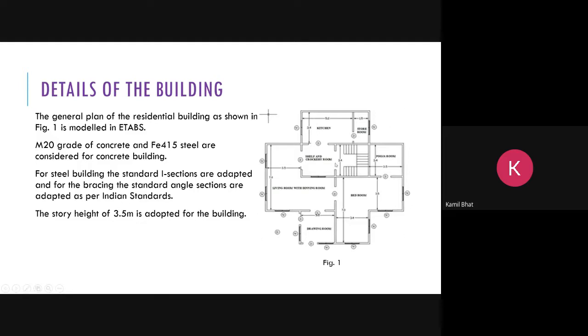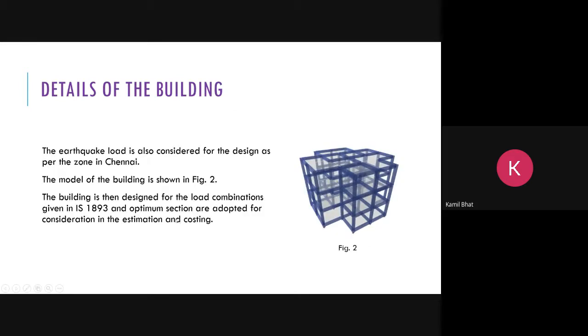For concrete structure, we use simple M20 grade concrete and Fe 415 steel. For steel buildings, we use standard sections like standard I sections, and for bracings, we use standard angle sections. Here the model of the building is shown. For design, we considered dead and live loads and earthquake loads.